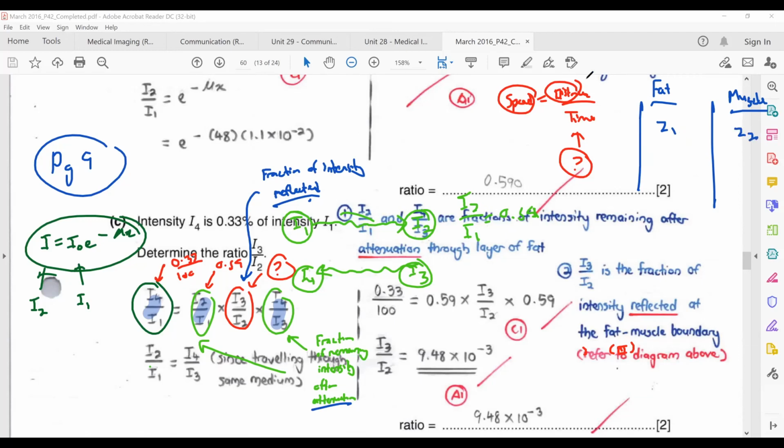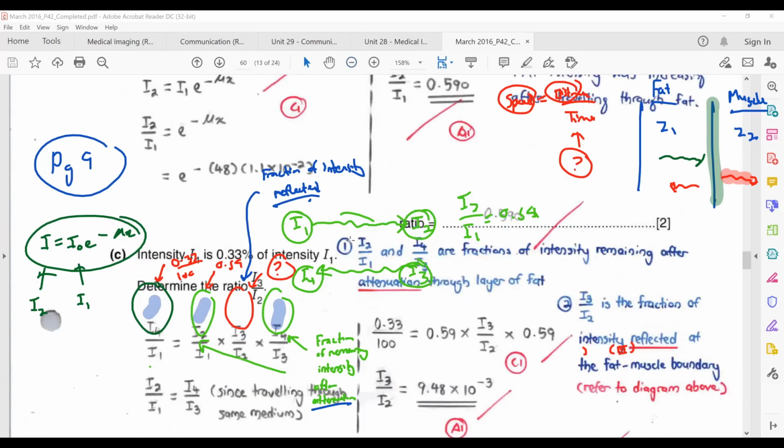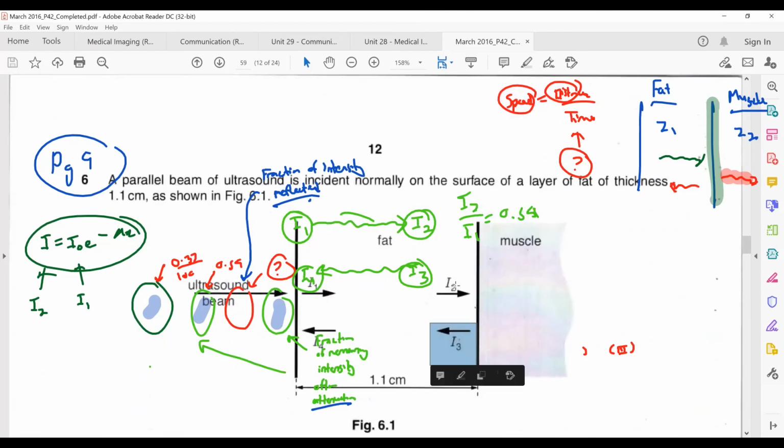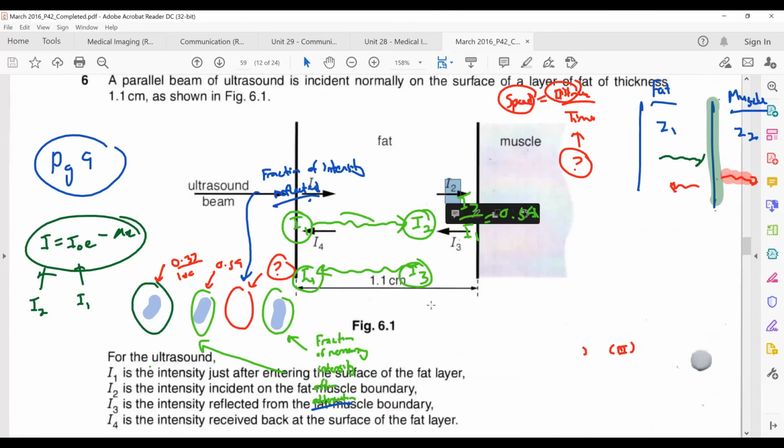So as mentioned to you just now, this one being the boundary between the two media, you would have a portion that is transmitted. You will also have a portion that is reflected. Just now I mentioned to you the fraction that is reflected is I3 over I2, right?